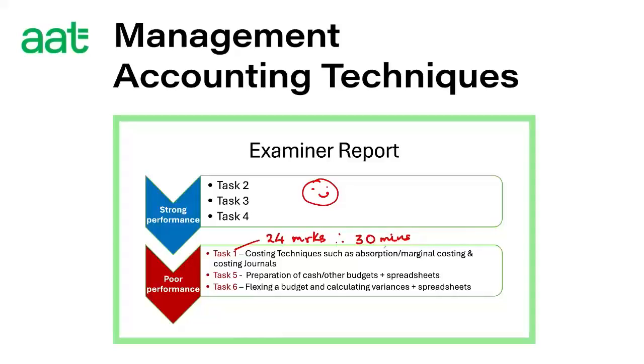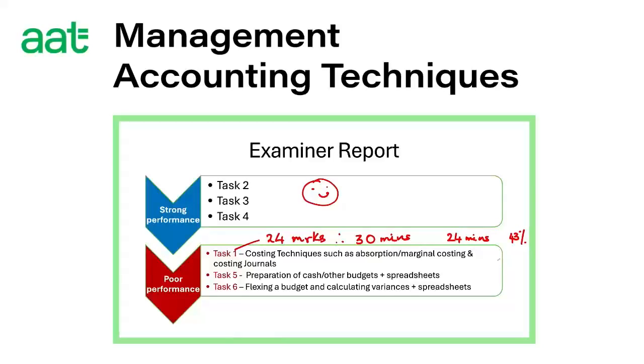On average, students take about 24 minutes to complete this task. So less time than has been allowed. 57% of students achieve the competency level, but the remainder, which is 43% of students, are not competent in this task.